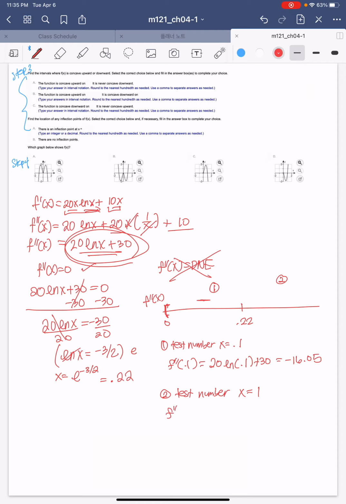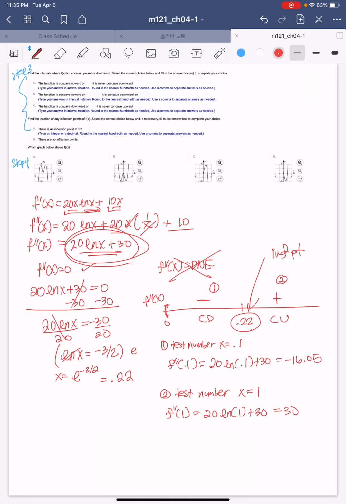For f double prime of 1, I get 20 ln of 1 plus 30, so I get positive 30. So we have concave down, then concave up. Because we change our concavity, this is our inflection point.